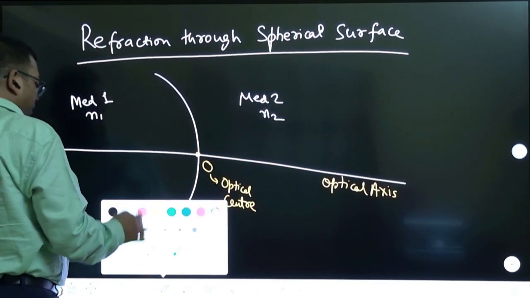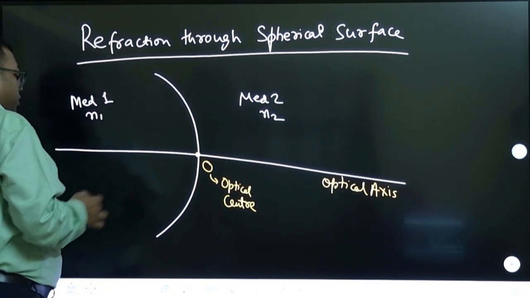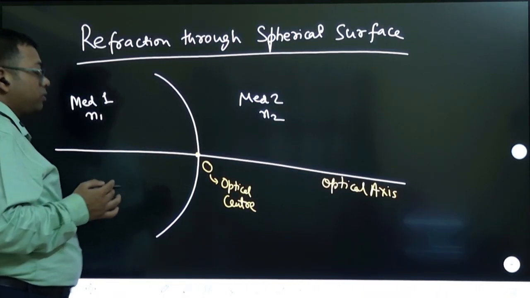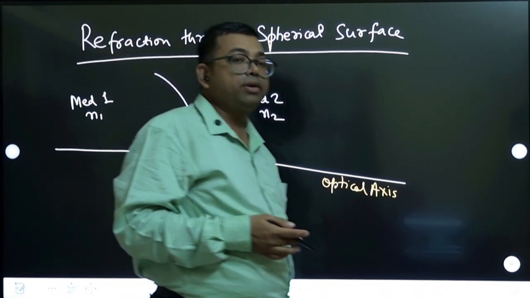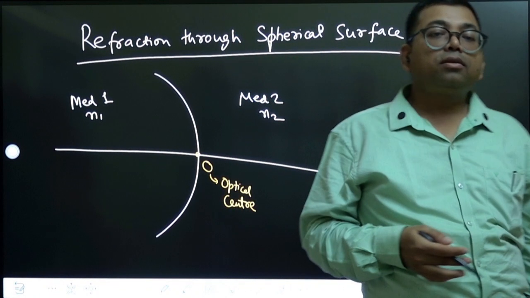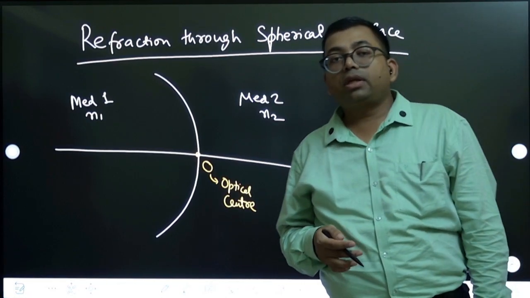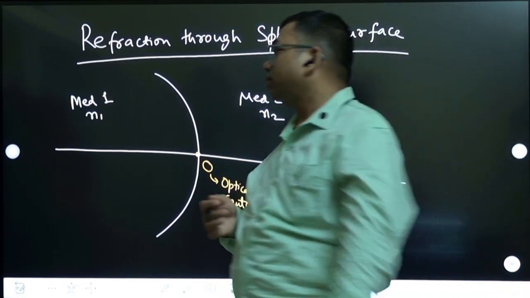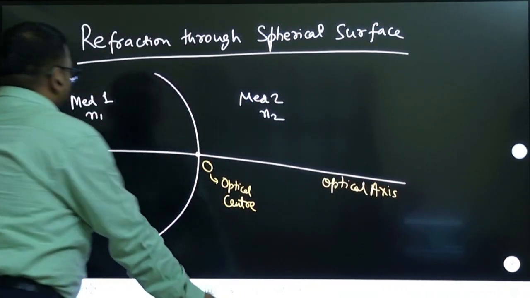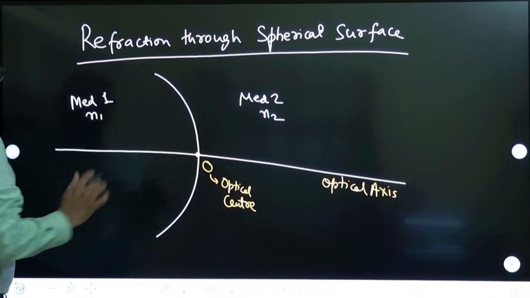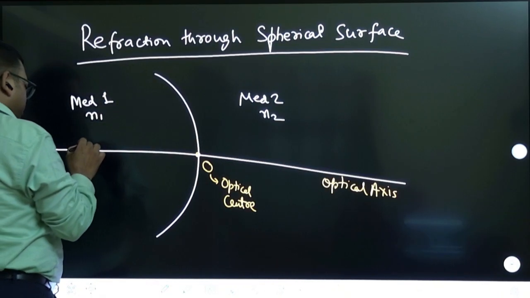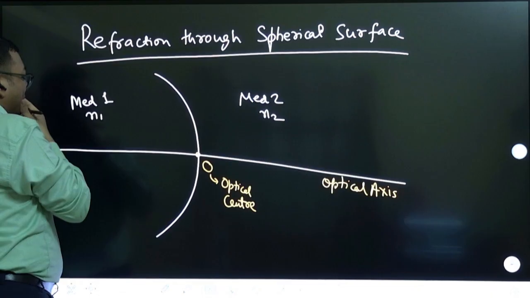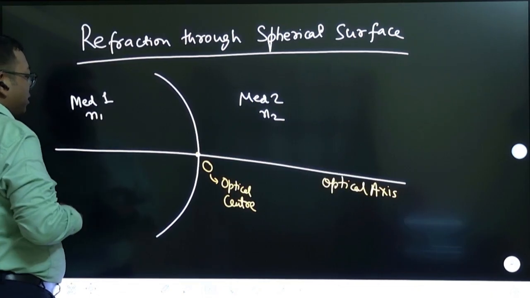Now suppose I take an object. We can keep the object anywhere, of course, but generally we consider the horizontal distance. Then we can study x and y and all that.